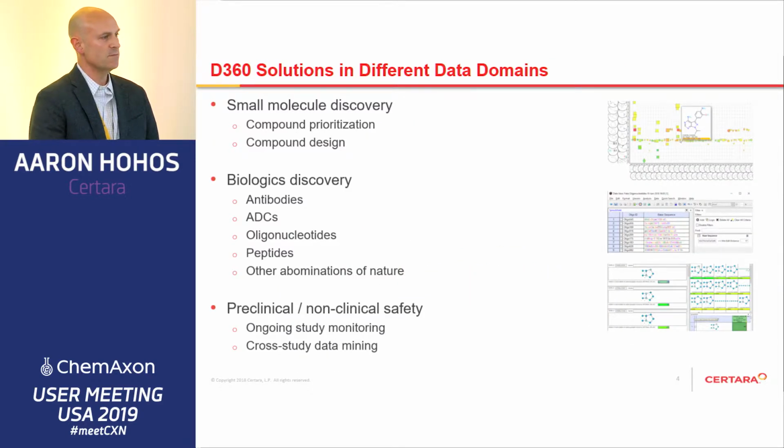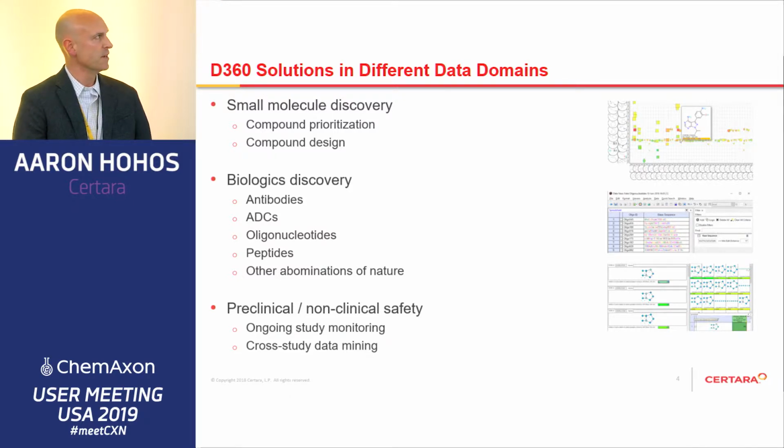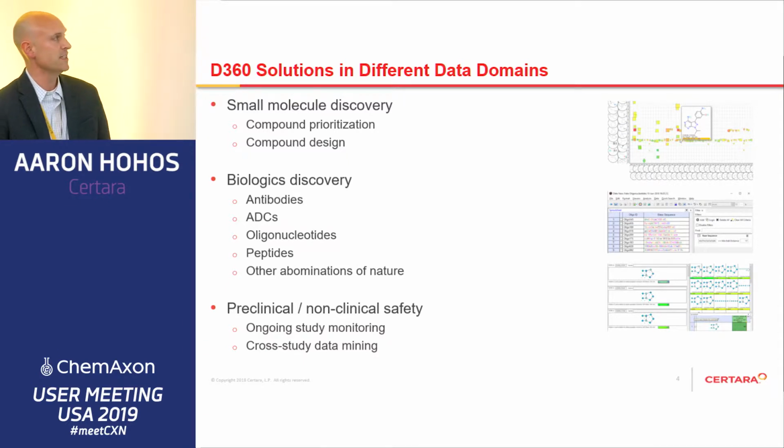So that was a workflow example in the small molecule space. That's traditionally where D360 had been, supporting lead optimization, using functionality like R group deconvolution, teasing apart structure-based activity relationships, and really just trying to work in a sample-centric type of analysis.